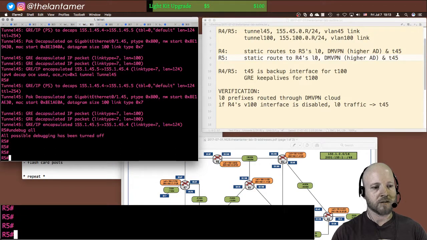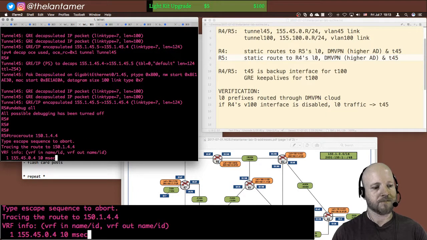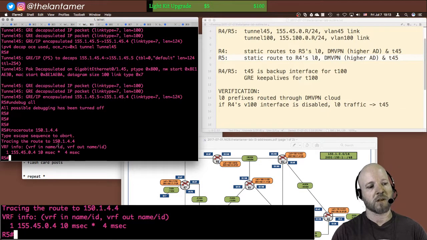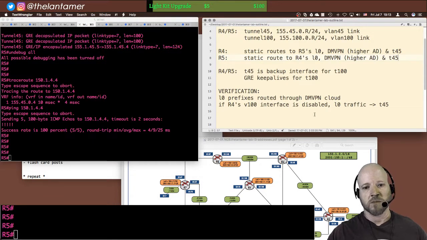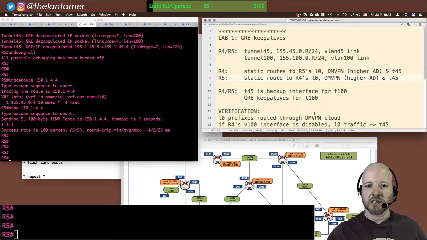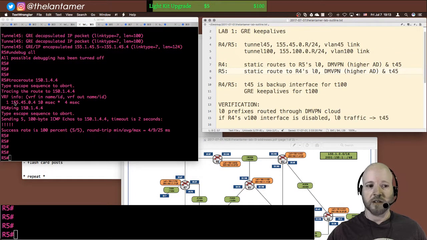It's a lot of noise there. So now traceroute 150.1.4.4. Yep, it goes via VLAN 45. Good deal. All right, it's nice that the keep alive command is one command, which is really cool.